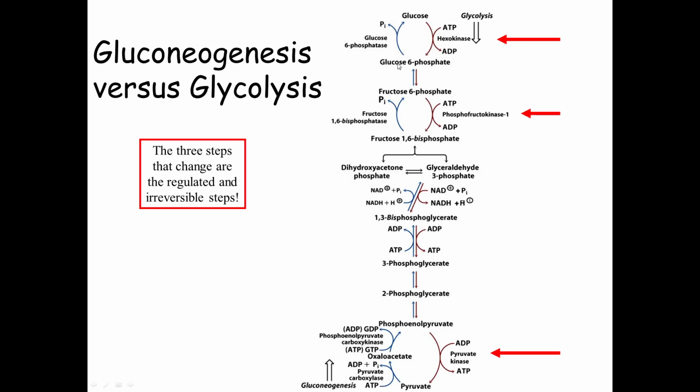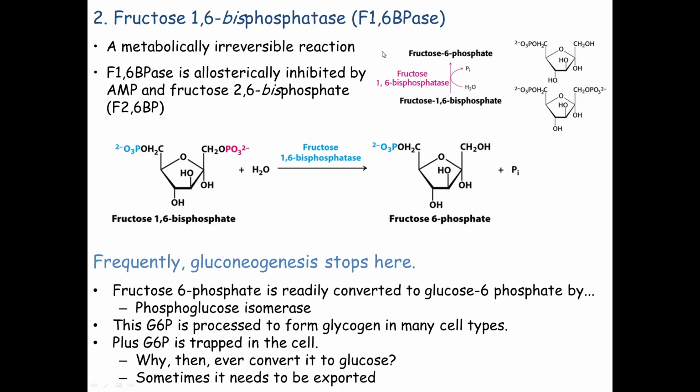Liver cells sometimes want to export glucose, and to do so they can't have it as glucose 6-phosphate, so they need to cut off that phosphate. So only liver cells, for the most part, some kidney cells do too, but mainly liver cells express this enzyme, glucose 6-phosphatase. So the only time you'd ever want to do that is if you want to export it, and that's done by our liver, which has to maintain our blood glucose concentration.